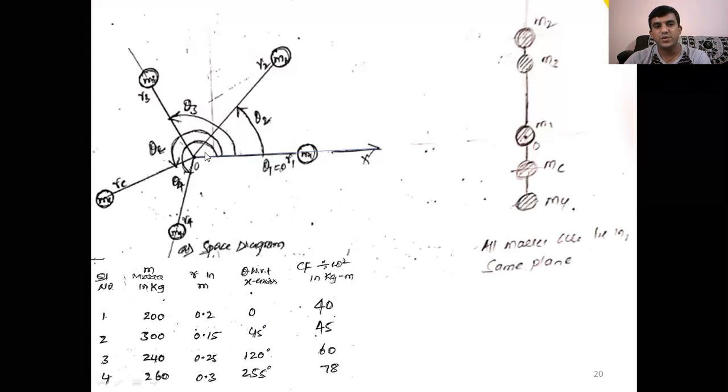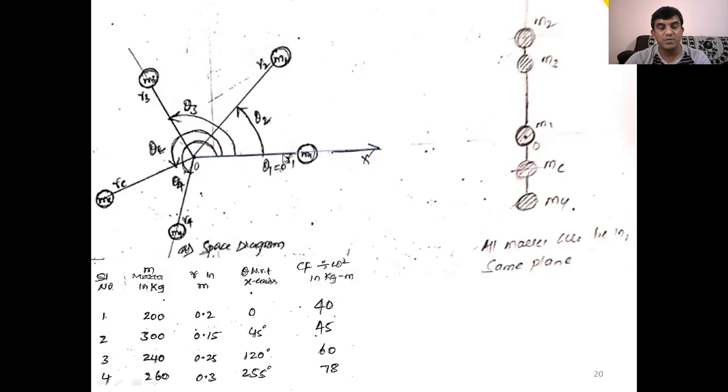Okay, so first mass is located here on the x-axis, horizontal line. That theta1 is 0 degree, m1, and radius of rotation is r1. That m1 and r1 you can write in the freehand sketch. But what about the orientation? You should use the protractor, and with the help of the protractor only measure that orientation, theta1, theta2, theta3, theta4. See that on the x-axis m1 r1 is located, theta1 is 0 degree.